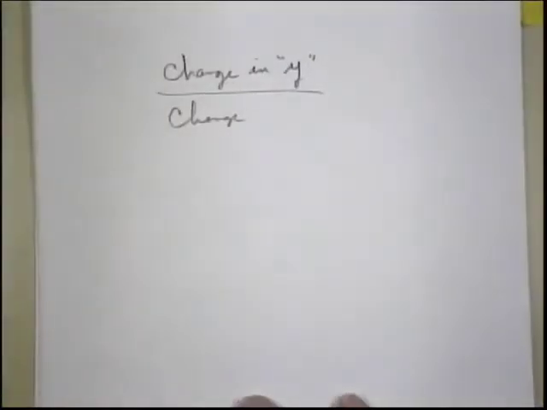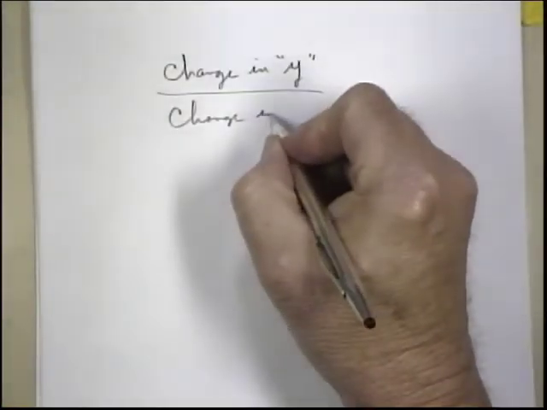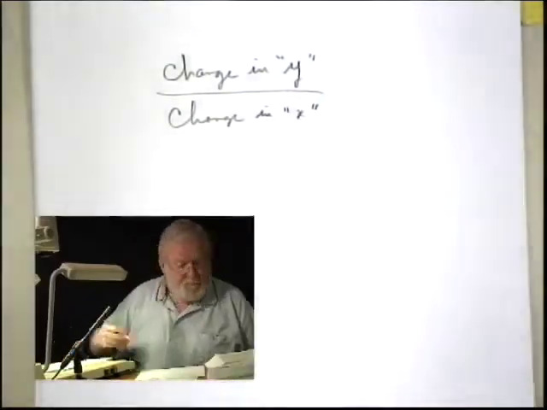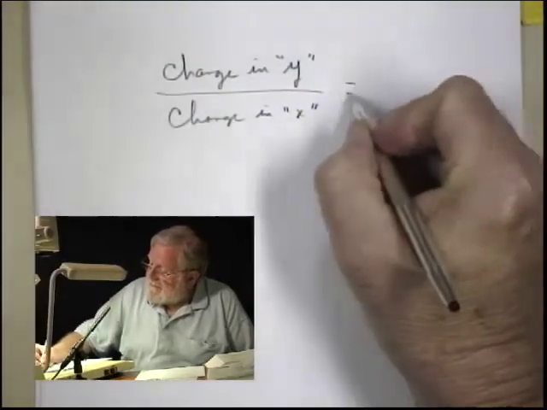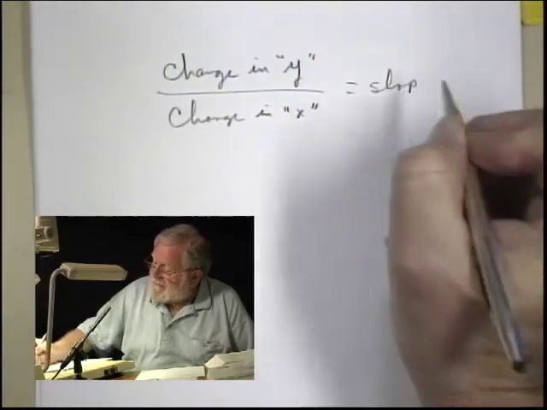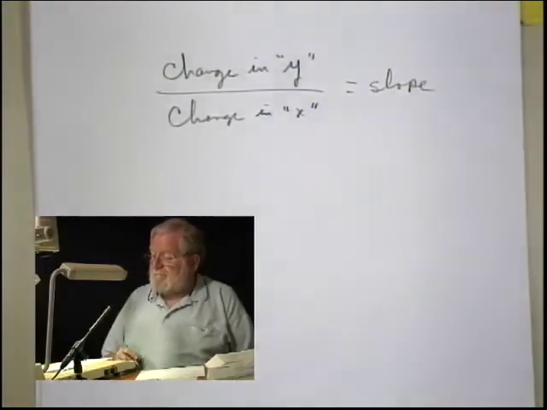One way is to write it out: it's the change in y divided by the change in x. That is how you calculate the slope of a line.